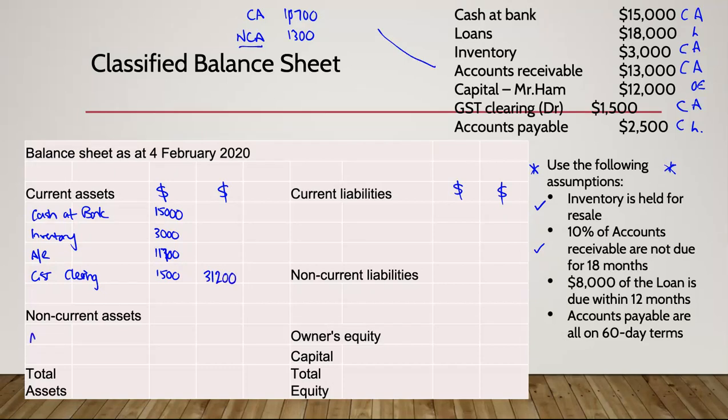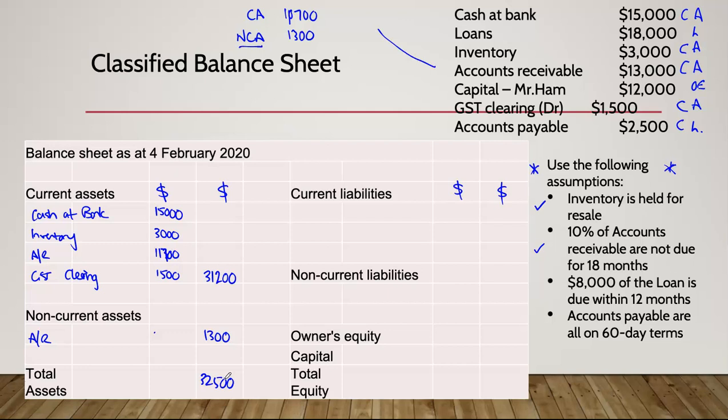Because I here, in a weird one, have accounts receivable of $1,300 that are non-current. So my total assets are still $32,500, but you can see I've split it up. $1,300 of these assets is not going to be turned into cash within 12 months.